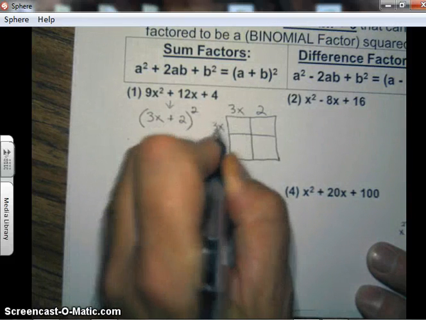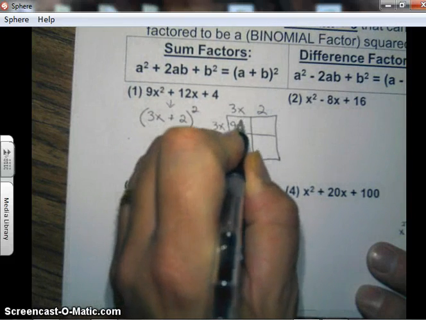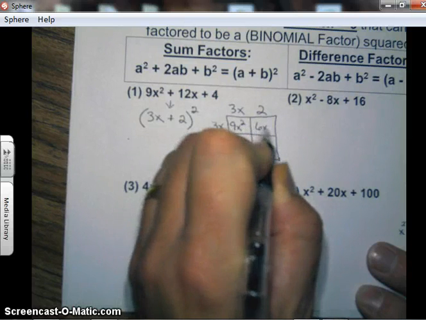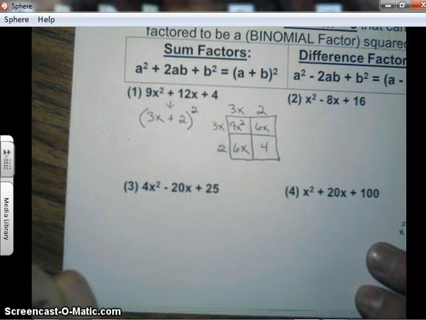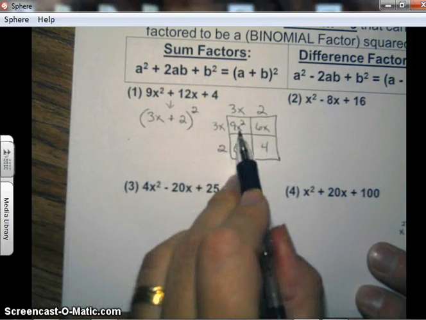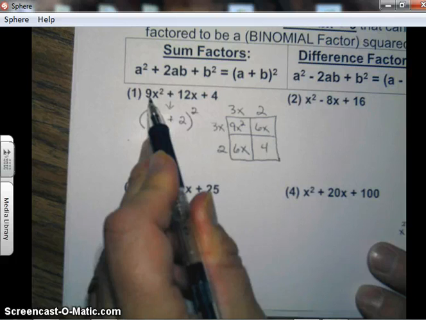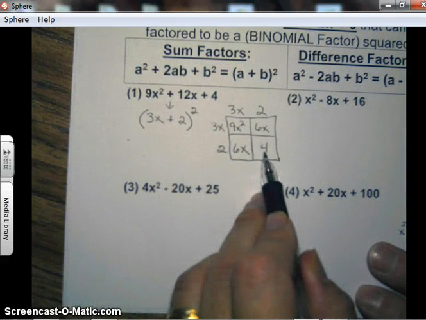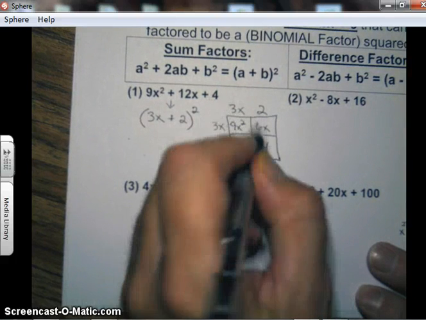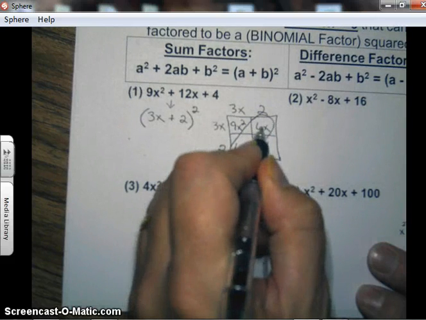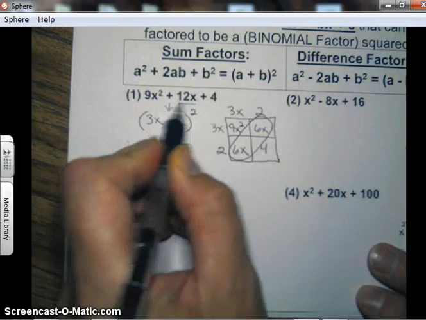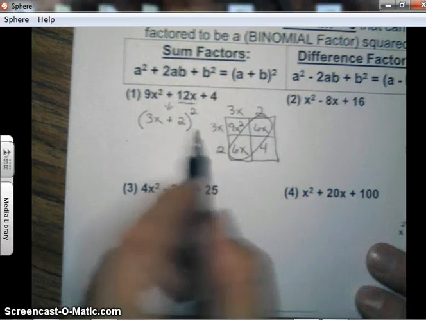So filling in the boxes, our first box gives us our first term, and our last box gives us our last term. Then if you combine 6x plus 6x, that's going to give us our middle term. So we have the correct answer.